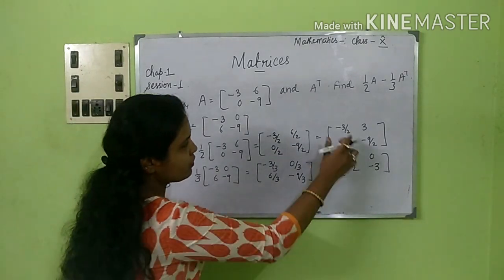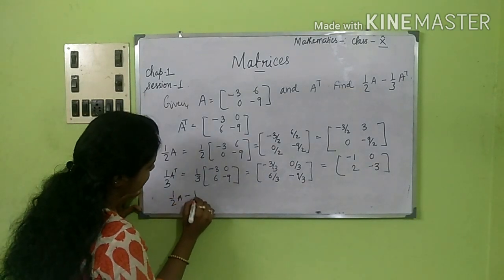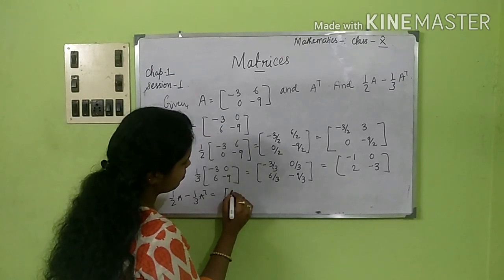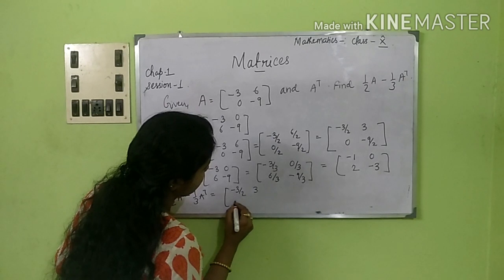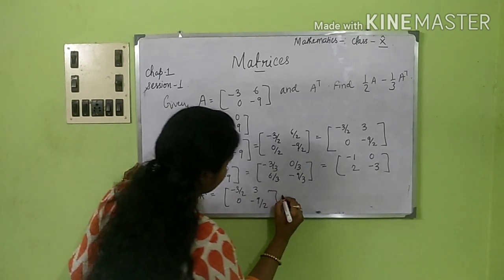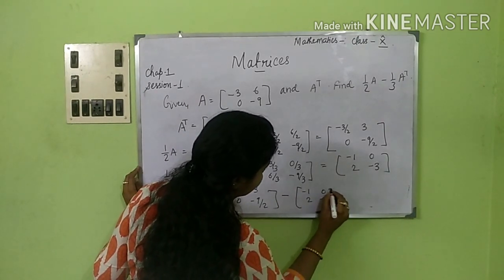Now what we are going to do? We are going to just subtract these two. So half A minus 1 by 3 A transpose equal to minus 3 by 2, this was 3, 0, minus 9 by 2, minus the matrix minus 1, 0, 2, minus 3.